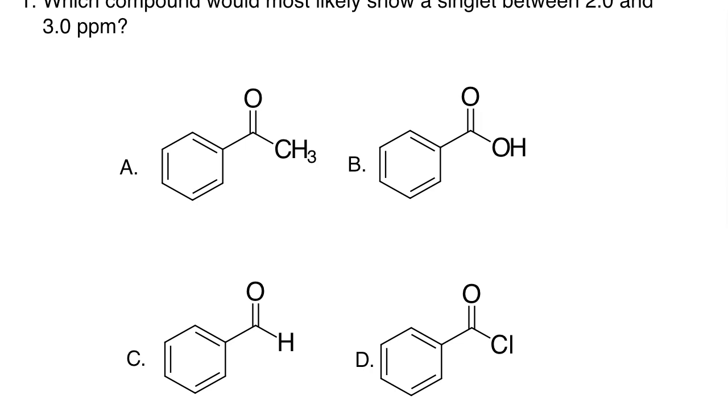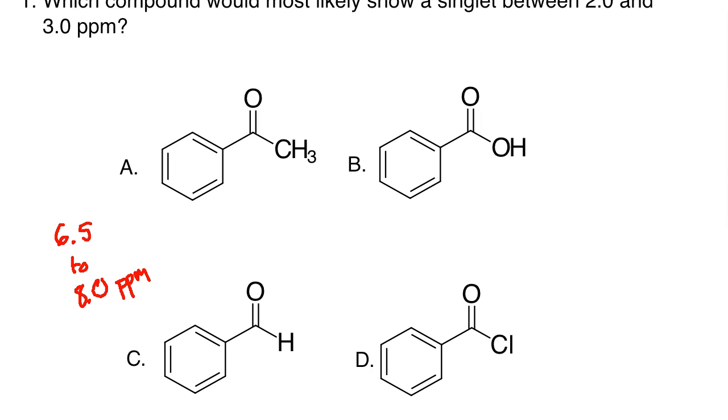So we would expect somewhere in the 6.5 to 8.0 ppm region that every single one of these is going to have a signal somewhere in there. Now that leaves the individual portions or the functionalities that are coming off of the aromatic rings.